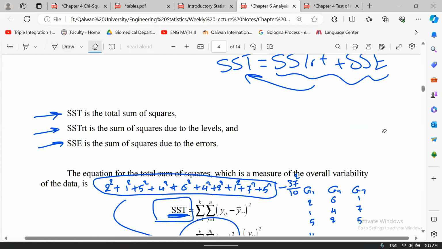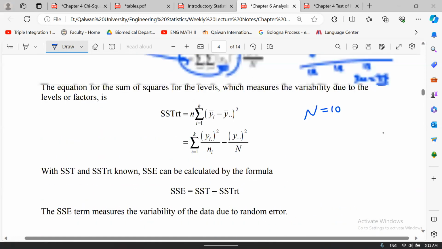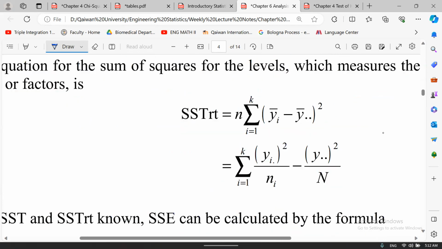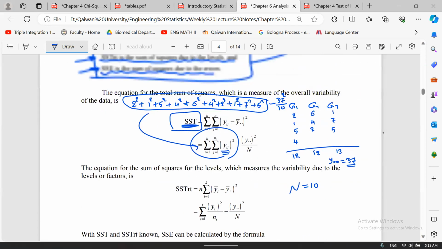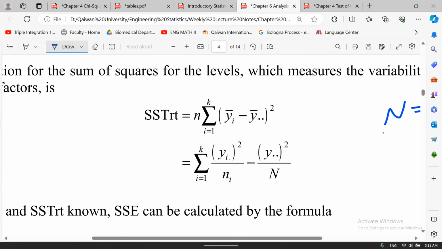Then, how about SSTRT? We have a rule for SSTRT. It is the sum of Yi dot squared over ni. What's ni? We have n1, n2, n3 here for this example. As you have 3 levels, we have 3 columns.